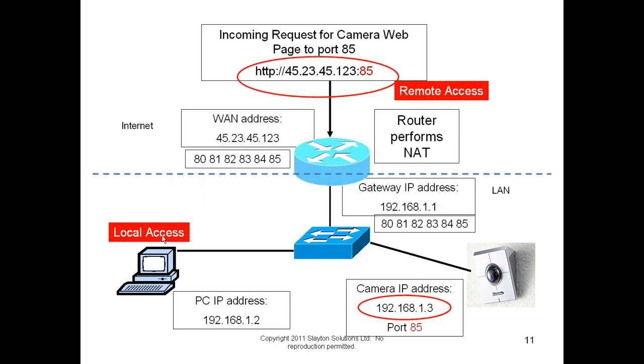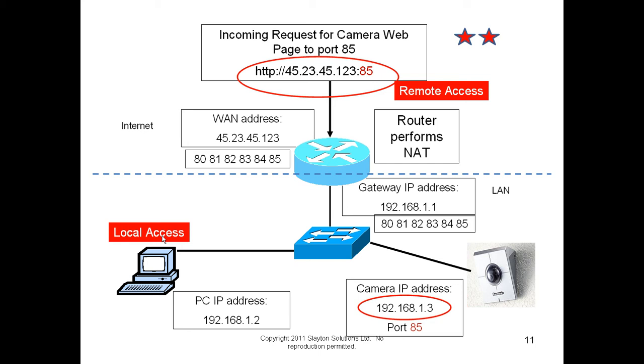Now, here you see a slightly different illustration, but it talks about the same thing, okay? When we have our local access, we're going to use the local IP address and the port number. When we want to call it over the internet, we're going to use the internet address, in this case 45.23.45.123:85.